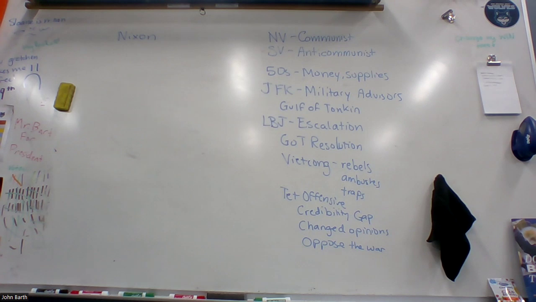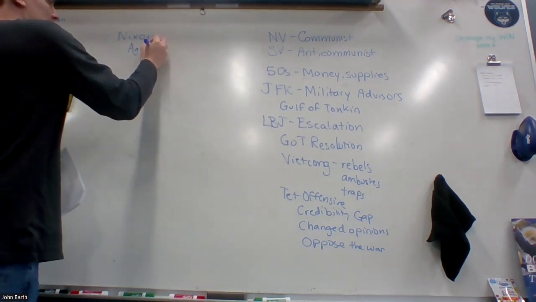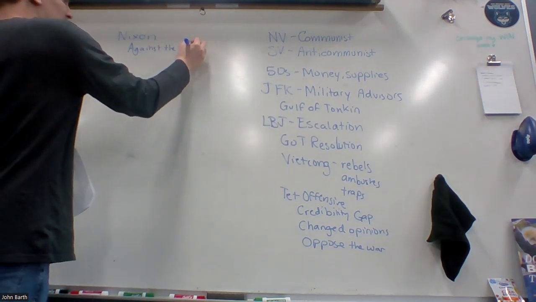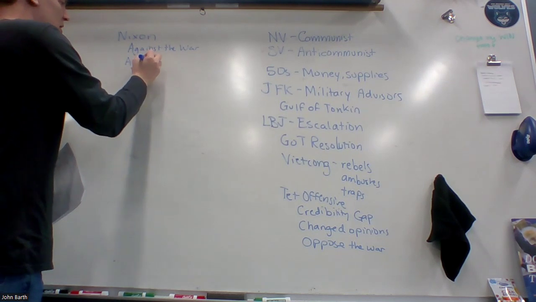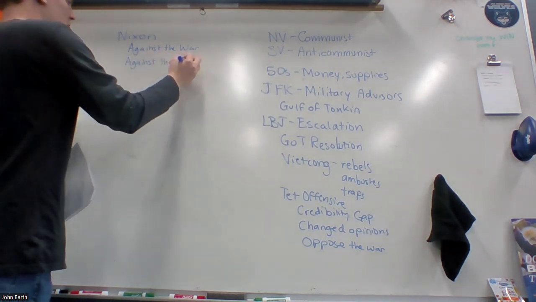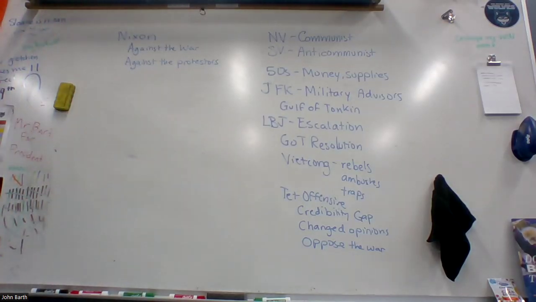Nixon is going to run on kind of a stance against the handling of the war, but he's also against the protesters. He calls himself a law and order candidate, right? Which is kind of funny after what we just learned in chapter 27, what he does.